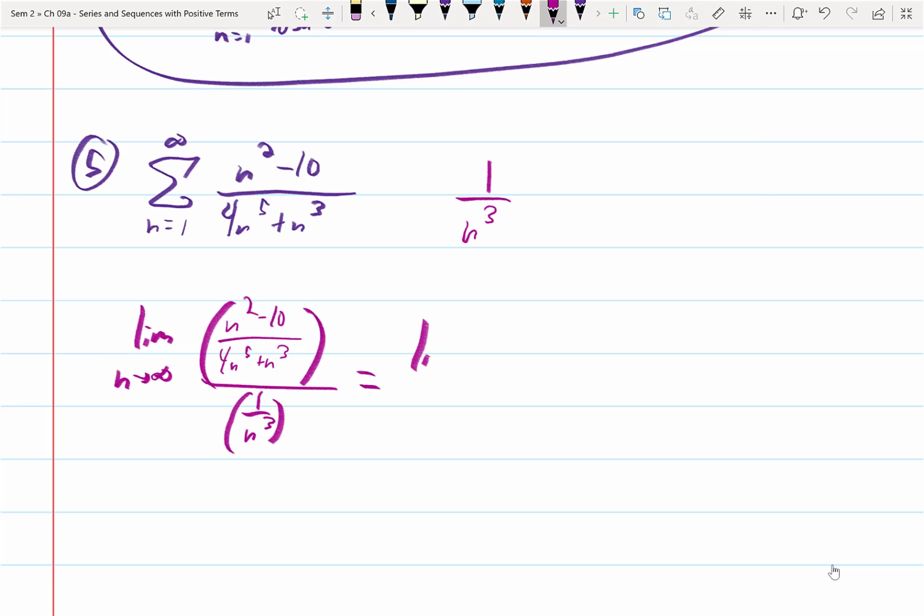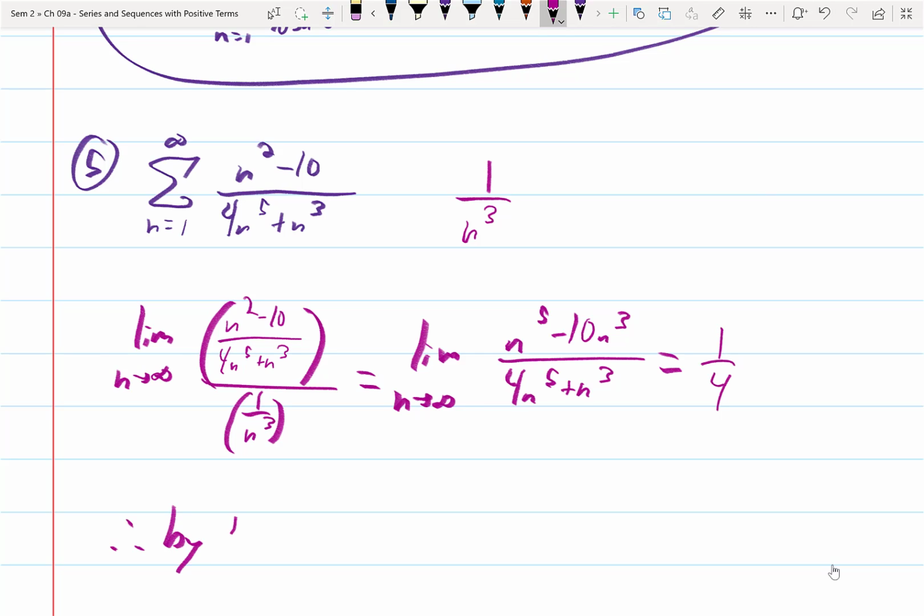And I'm going to write this out a little bit more and distribute and kind of simplify this down a little bit. This is truly now the limit as n approaches infinity of n to the 5th minus 10n cubed over 4n to the 5th plus n cubed. And now that you have the degree of the numerator the same as denominator, that limit is 1/4.